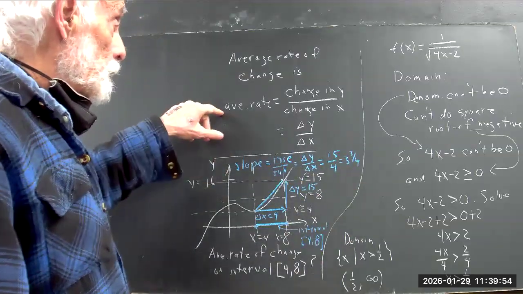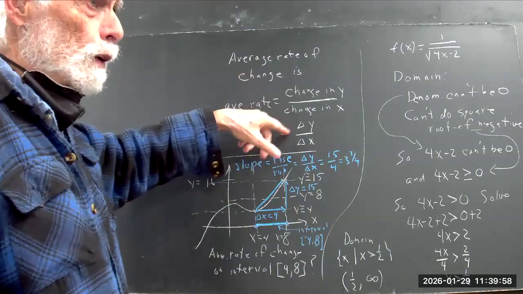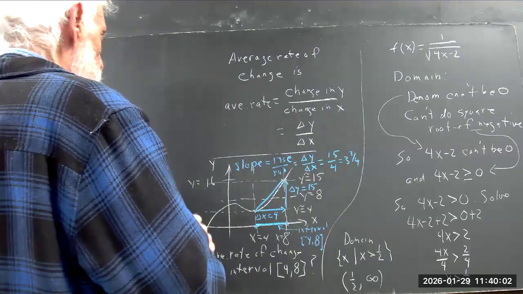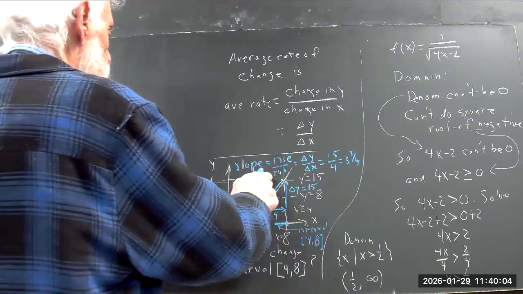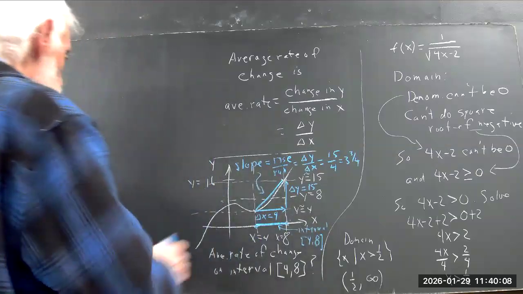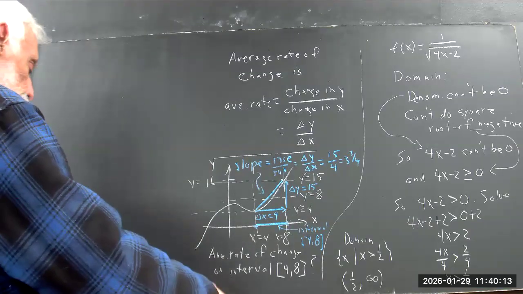Also, notice that the average rate is delta y over delta x. The slope of this line segment and the average rate are the same.